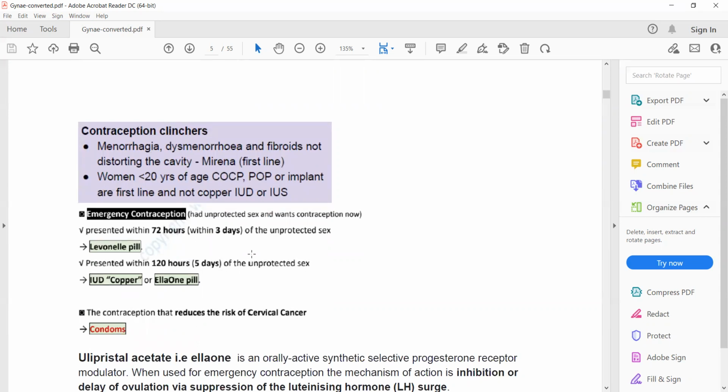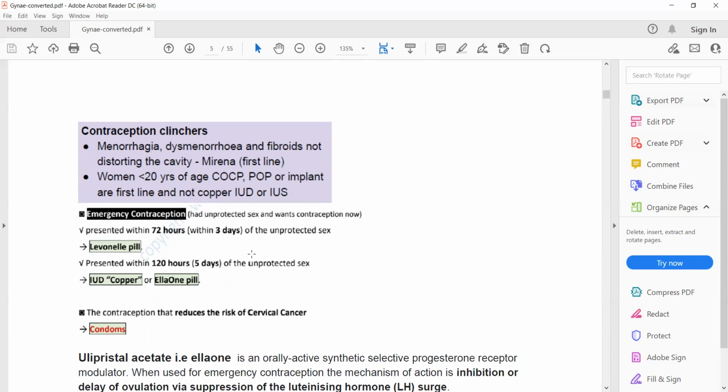Now, some more contraception clinchers. As I told you, IUS is also called Mirena. It is the contraceptive of choice, or first-line contraception, in patients who are having menorrhagia, dysmenorrhea, or fibroids that are not distorting the uterine cavity.